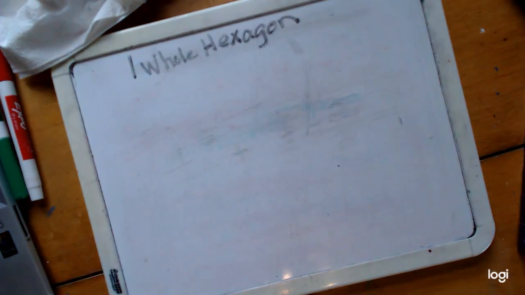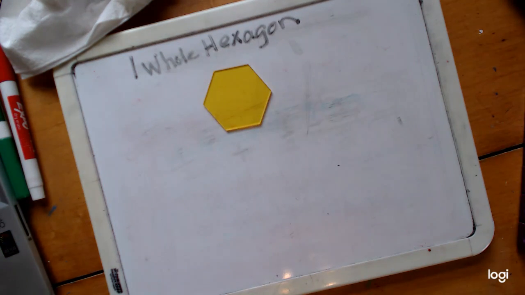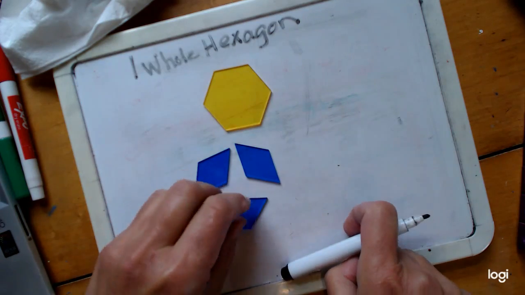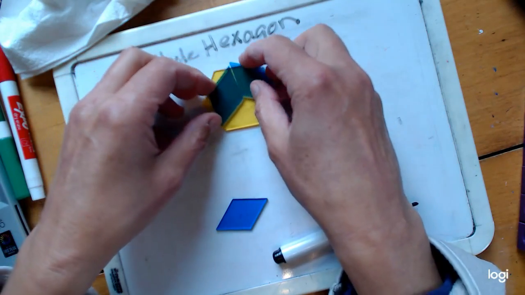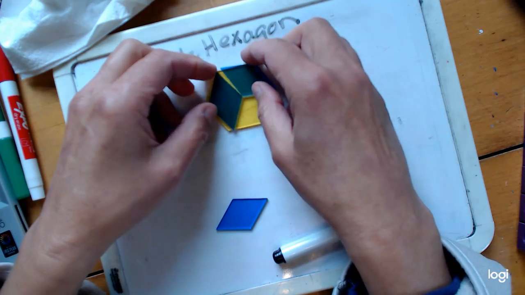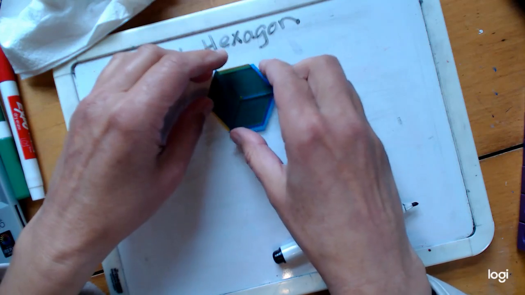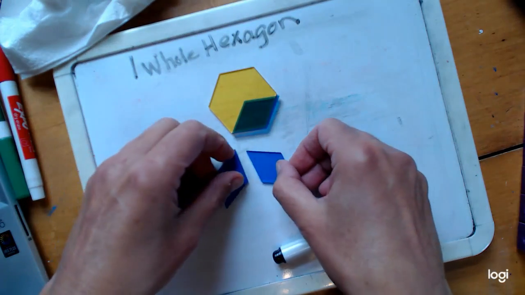Now let's bring up our one whole hexagon, and then let's split it up in a different way. So we have 1, 2, 3 blue shapes. So let's put these blue shapes on top of our whole. So how many blue shapes do we have? We have 3, okay?